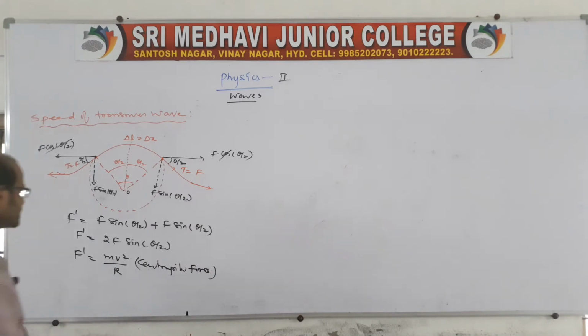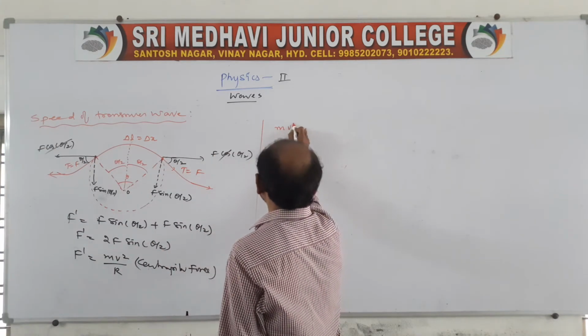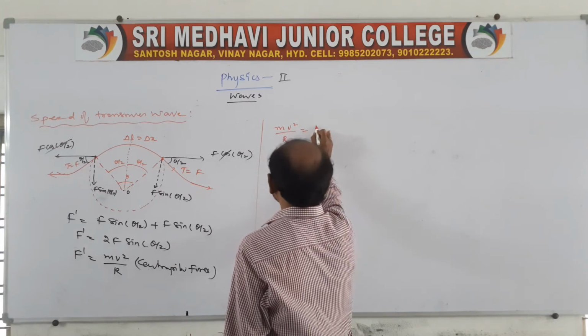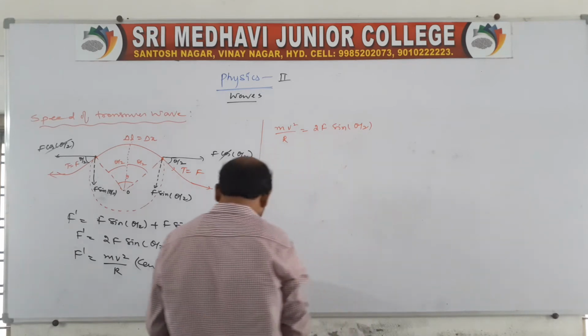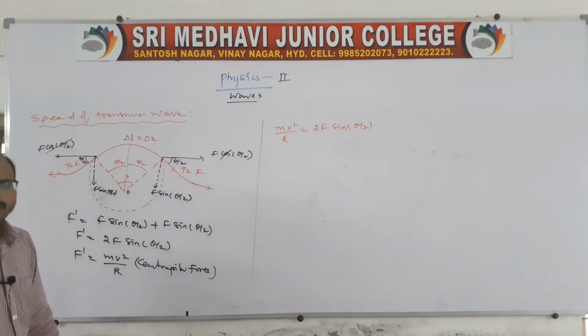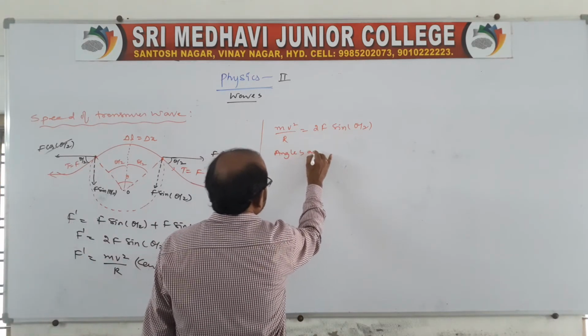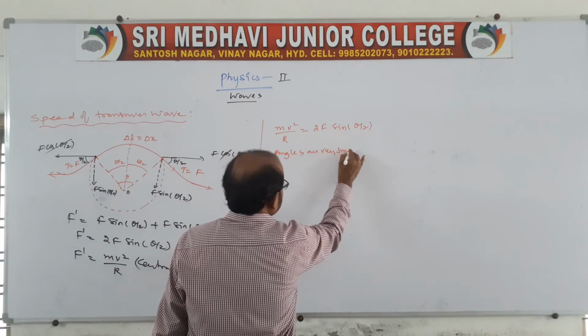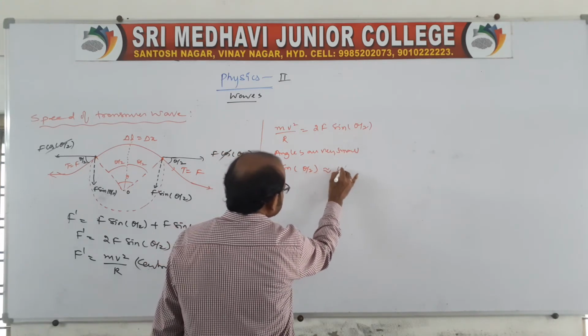So by using this, you write mv square by r is equal to 2f sin theta by 2. Usually, theta is very small, so we can say sin theta by 2 is almost equal to theta by 2.